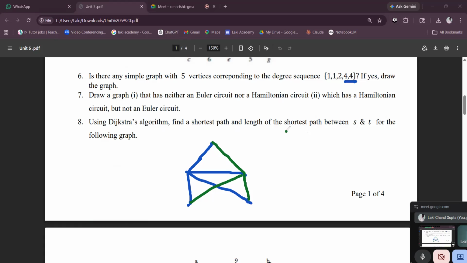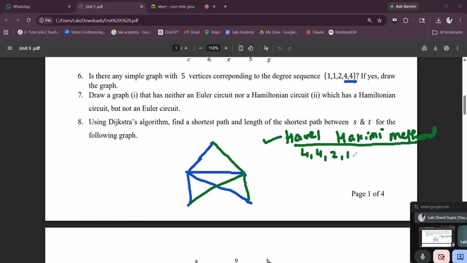First of all, I tell you this is called the Havel-Hakimi method. This method is used for checking whether a simple graph exists or not. So first of all, write the degree sequence in descending order.